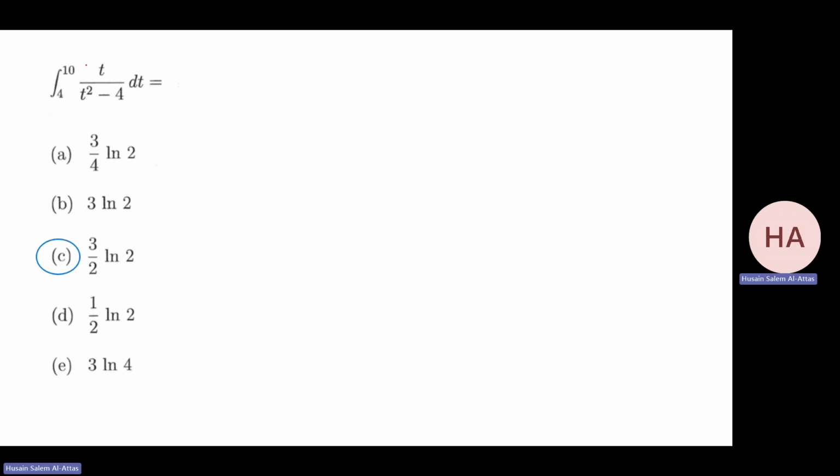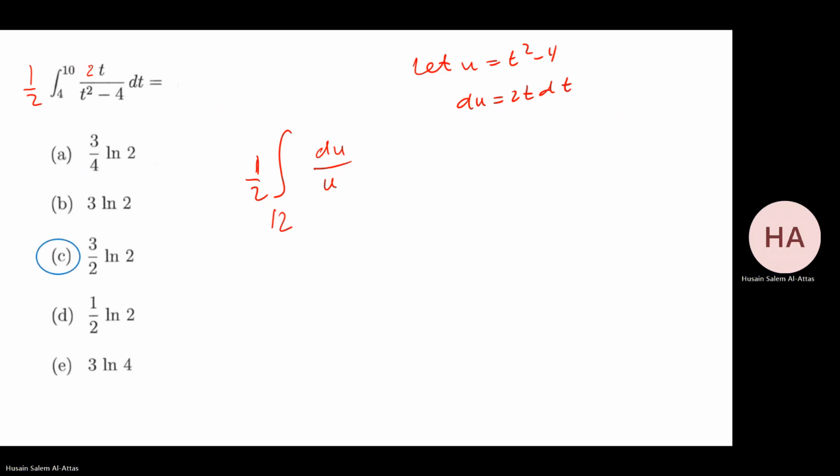Very clear. I'll put 2.5 outside, where I will let u equal t squared minus 4, du is 2t dt. That will be half the integral of du over u. Now 4 will be 16 minus 4, that will be 12, and 100 minus 4, that will be 96. So it will be half ln of u from 12 to 96.